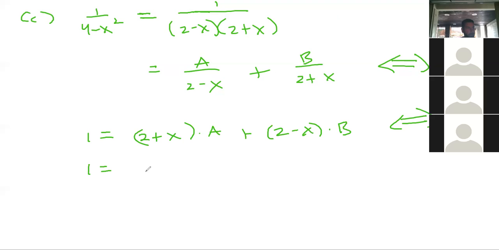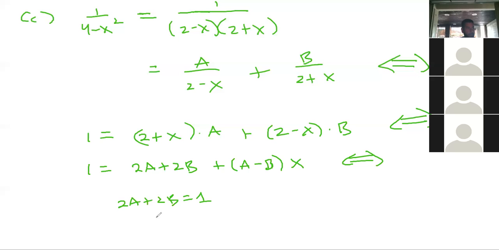I have 2A plus 2B, and then it's going to be Ax and negative Bx, so it's going to be plus A minus B times x. And so this tells me the only way that this is true is if 2A plus 2B equals 1 and A minus B equals 0. That's the only way this is true.